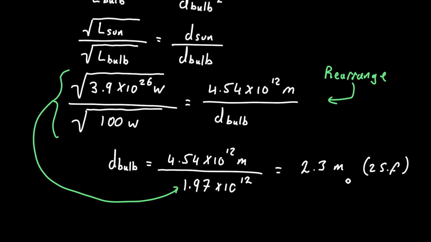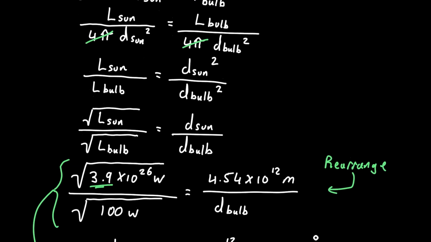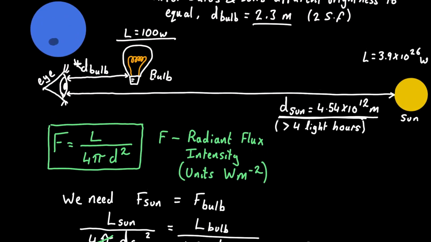So why is it helpful to know an object's luminosity and to be able to measure its flux intensity? Well, with these two values, we can measure the distances to various stellar objects in the universe.